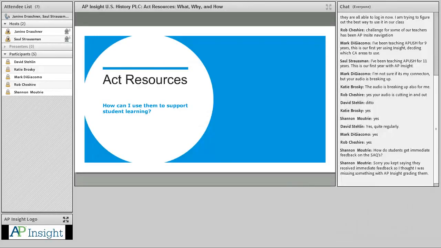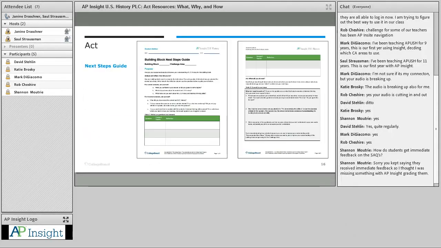So here we're looking at what students can do with the next steps guide, because the next steps guide is not geared toward a specific building block.